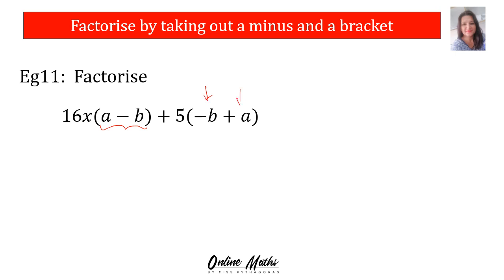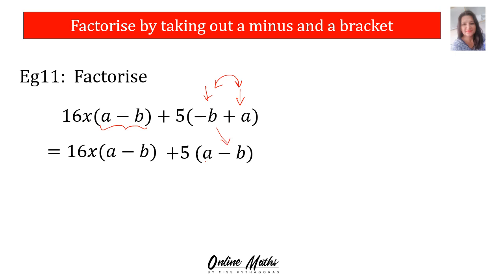So my advice to you is, let's rewrite the bracket so that it looks exactly like the first bracket. So there's the 16x bracket a minus b, nothing happened there. And on the second one, the only thing I did was swap the two. So I wrote the a in front, and then there's the minus b.